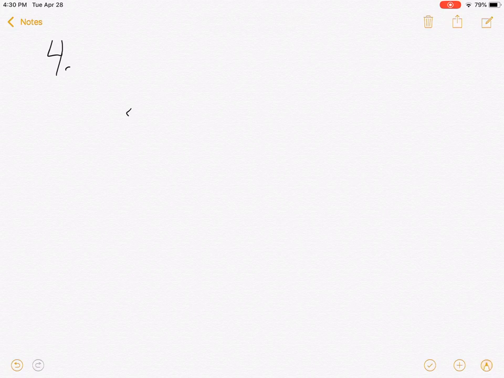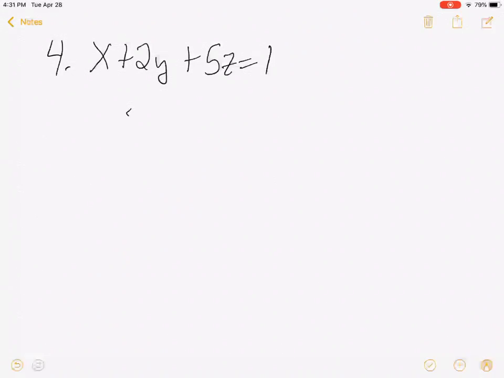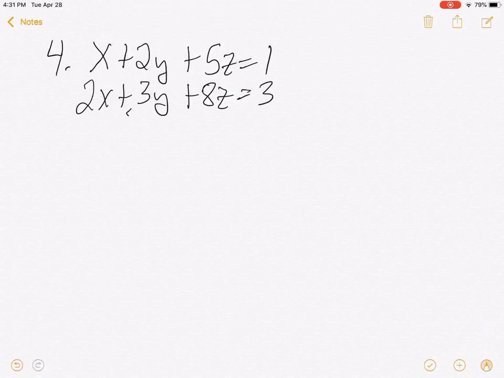It says x plus 2y plus 5z equals 1. And then 2x plus 3y plus 8z equals 3. And then negative 1x plus 1y plus 2z equals negative 3.